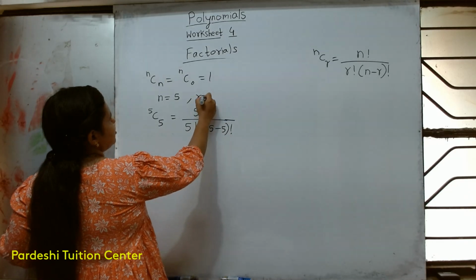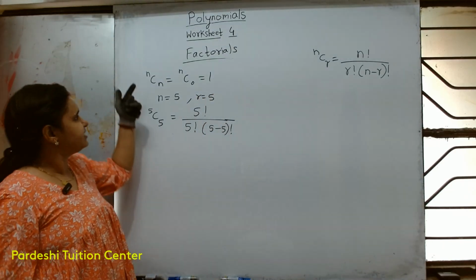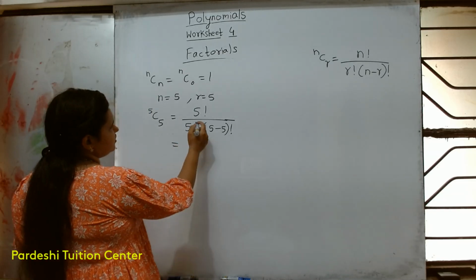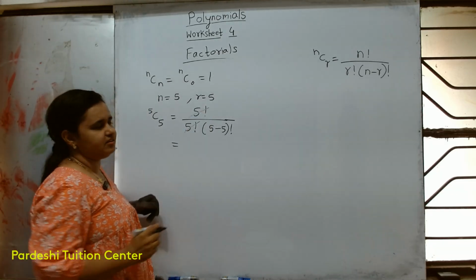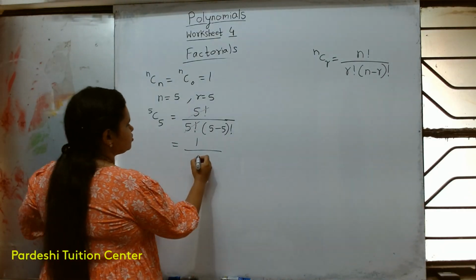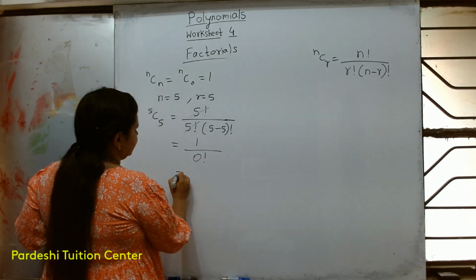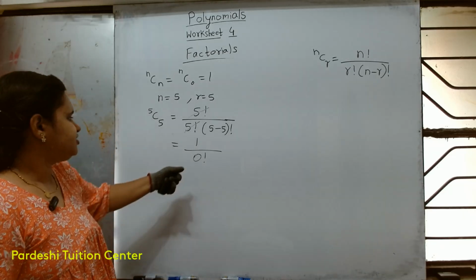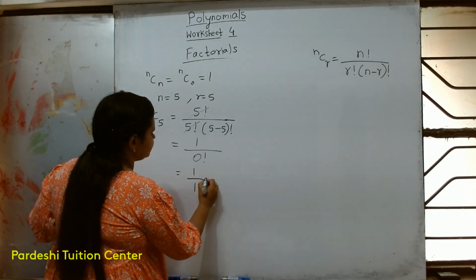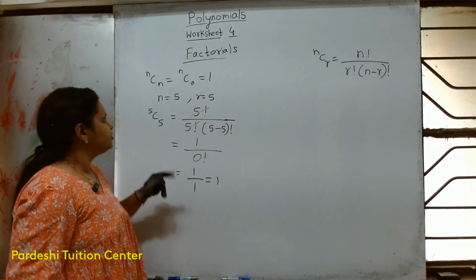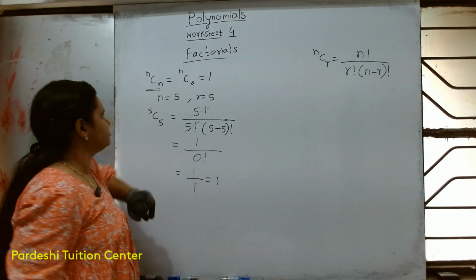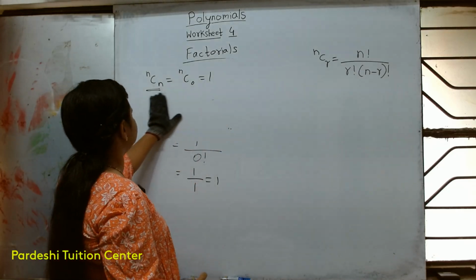It will be 5 factorial cancelled, and 1 upon (5 minus 5) which is 0, so it will be 0 factorial, and we have just seen that 0 factorial is 1. So it will be 1 upon 1, that is equal to 1. So here nCn equals 1 is true. Now we will check for nC0.